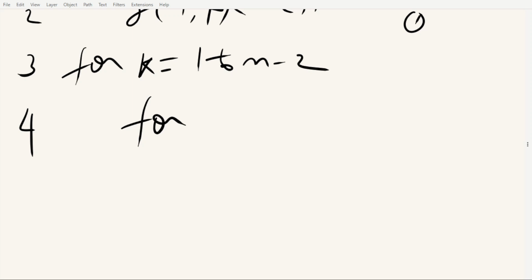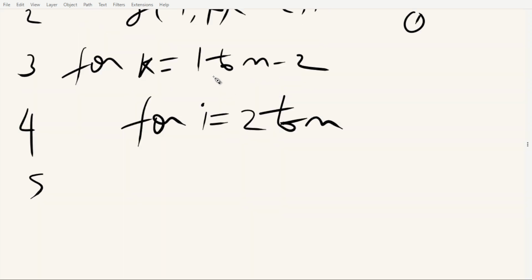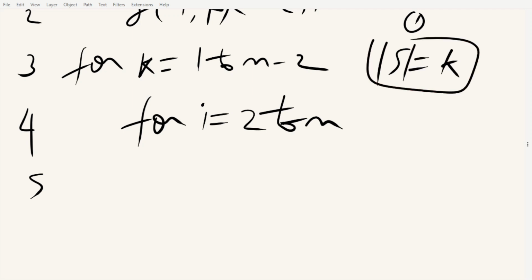Now we have to find the values for I equal to 2 to n. Here k is fixed, k is the size of the subset, and I ranges from 2 to n.